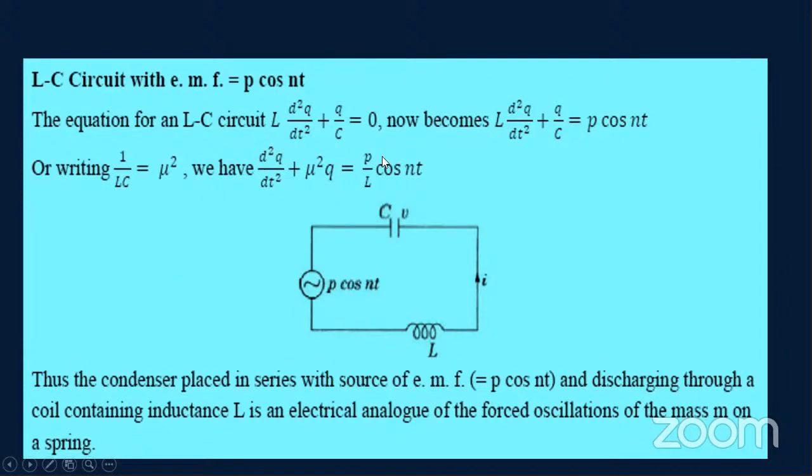Thus, by writing again 1 by LC equal to mu square, the equation becomes d square q by dt square plus mu square q equal to P by L cos nt. Thus, this condenser placed in series with the source of electromotive force P cos nt, and discharging through a coil containing inductance L, is an electrical analogue. It's similar to the forced oscillations of mass m on a spring.